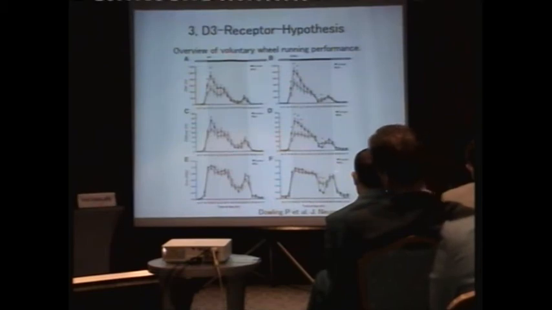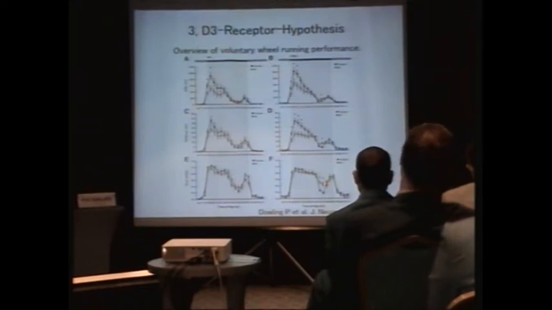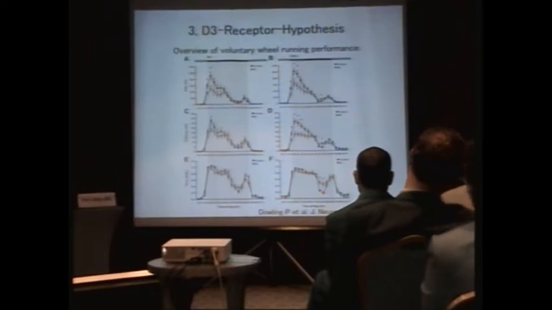Before sleep time, the D3 knockout mice under iron insufficiency show hyperactivity compared to D3 knockout mice alone. So D3 knockout and iron insufficiency caused sleep difficulty.